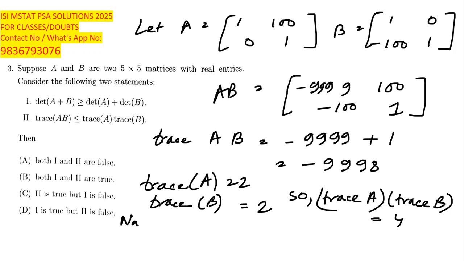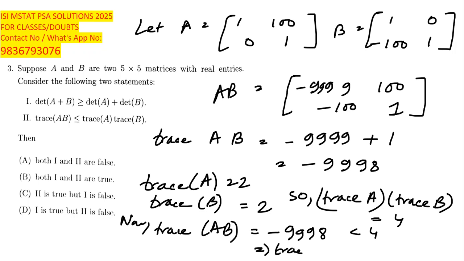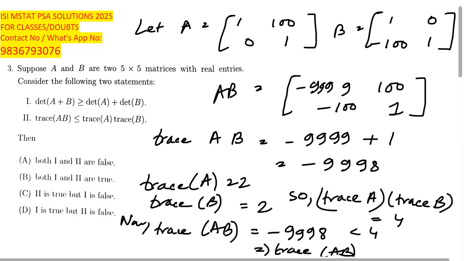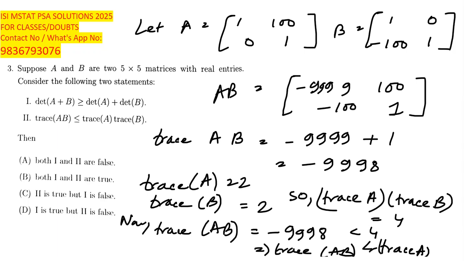Now trace AB is minus 9998, which is less than 4. Correct. So trace AB is less than or equal to trace A times trace B.